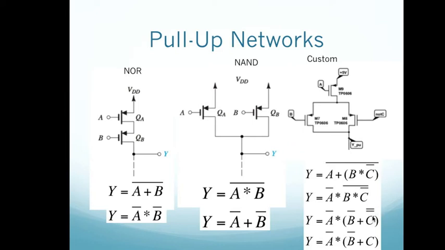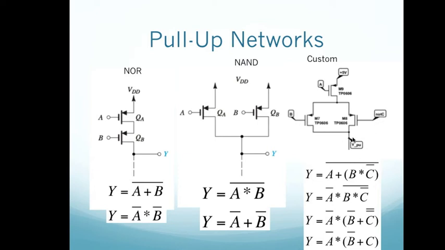Then we use involution to realize that C bar bar is the same thing as C. So this is our equation that we implement. So Y is 1 when A is low and when either B is low or not C is low. So notice that we have not C here. Since that's a p-channel device, you get an extra inversion there.